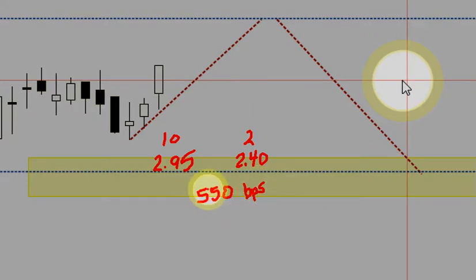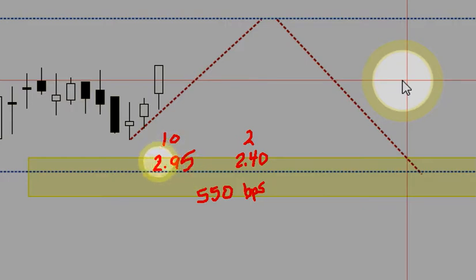And this 550 basis points is kind of what the banks capture. So the banks have to pay out to deposit holders a number like this, although it's actually much lower than this. It's probably 1.4 here, not 2.4. But they loan money at this.